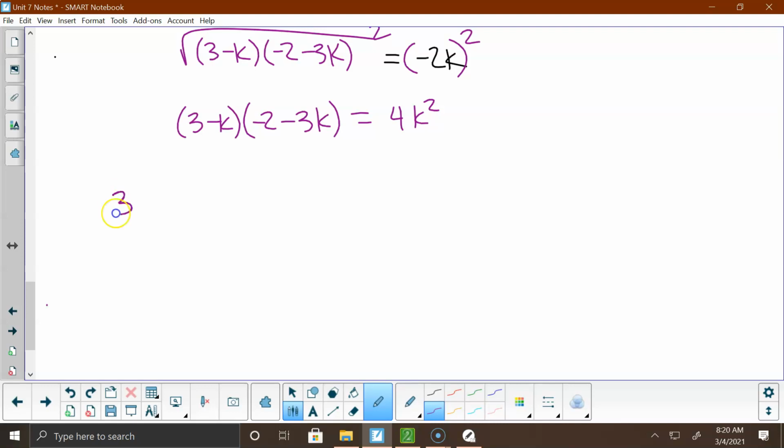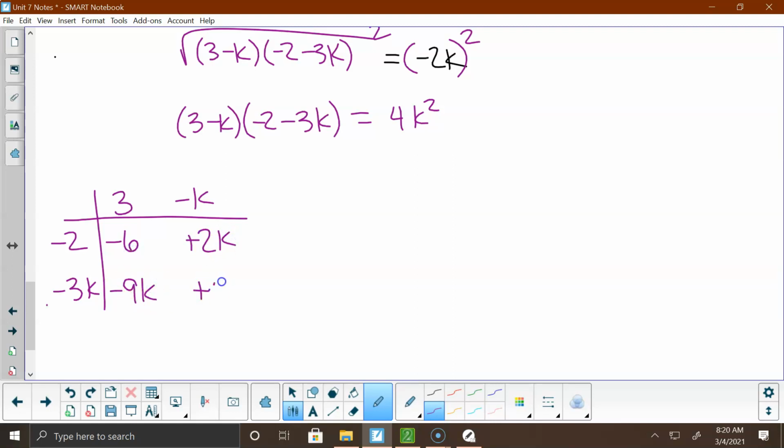So, 3 minus k, negative 2 minus 3k. Does anyone want a giant sticky note to extend their work for this problem?